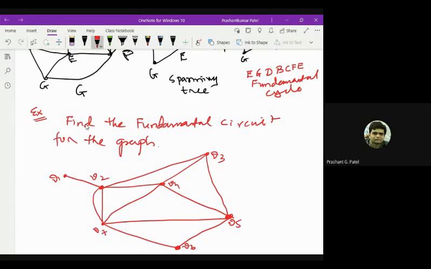Find the fundamental circuit in this. So that is your task. The first objective is to find the spanning tree in this graph, and then calculate the fundamental circuit.